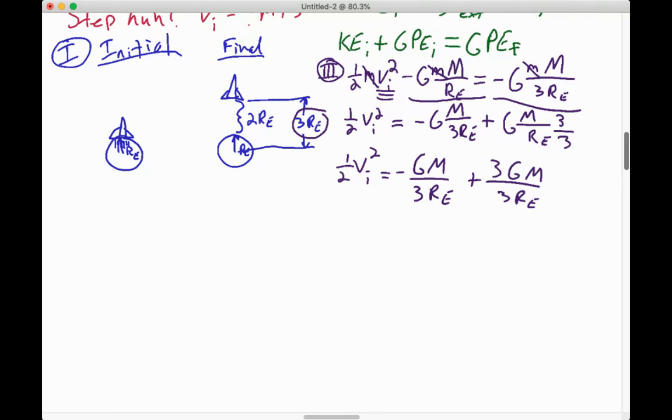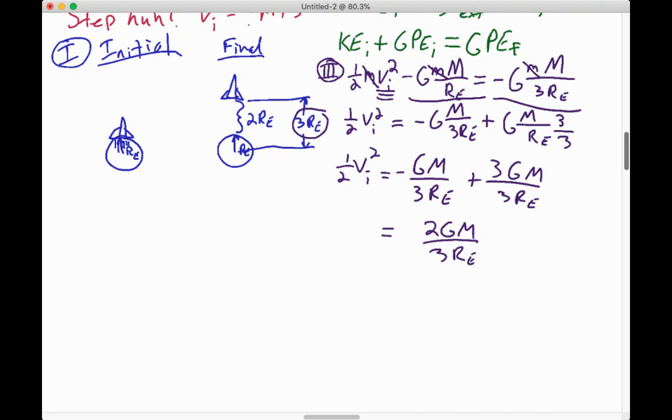Okay, so common denominator. How do I add these fractions? Well, minus GM over 3RE plus 3GM over 3RE is going to give us 2 big G, big M over 3RE. And all of this is equal to 1/2 v initial squared.